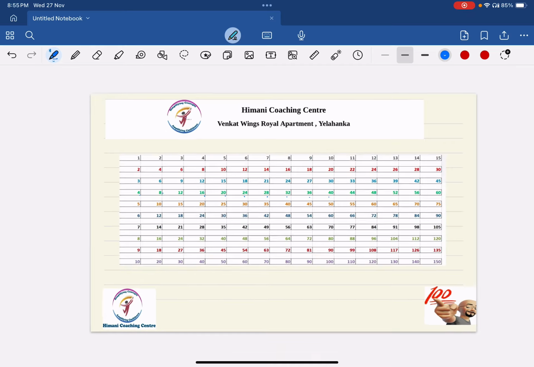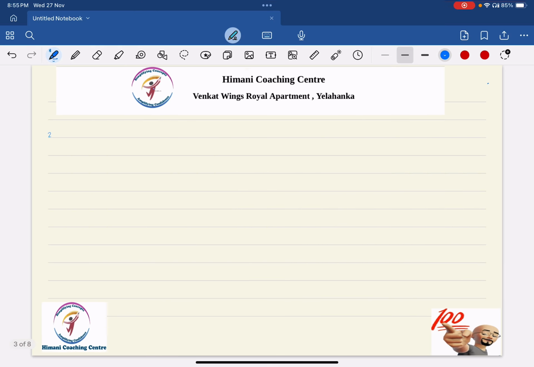Okay. Now, what is the rule for divisibility by 4? What we do is take the first two digits from the right of the number. What do I mean? Let us say I write a number as 1016.